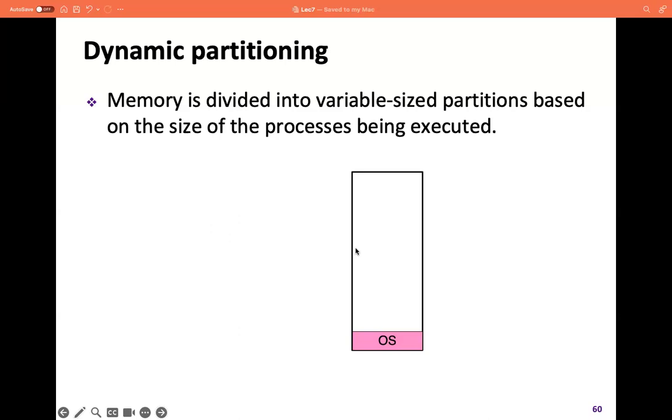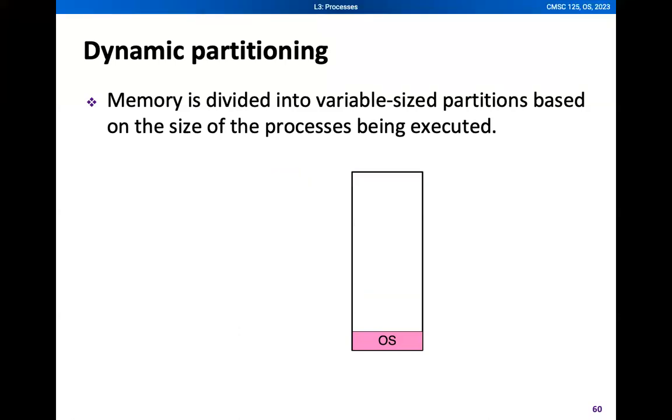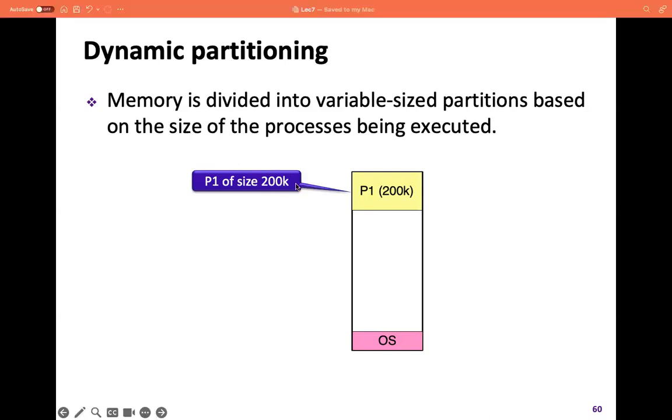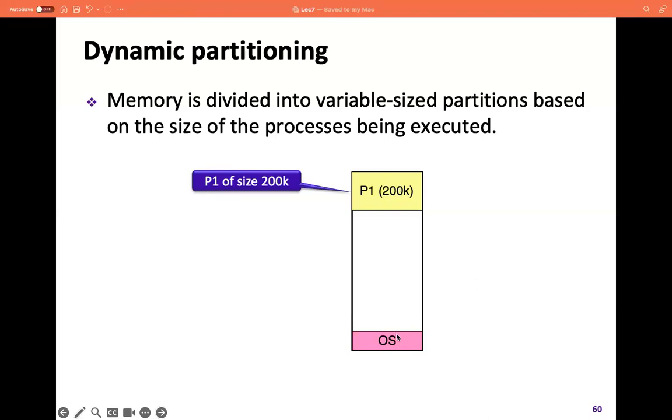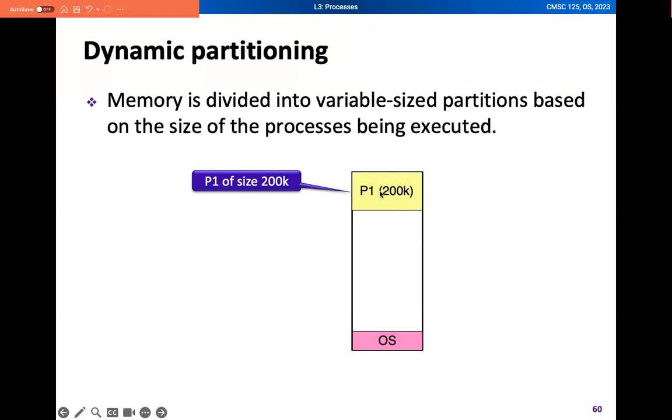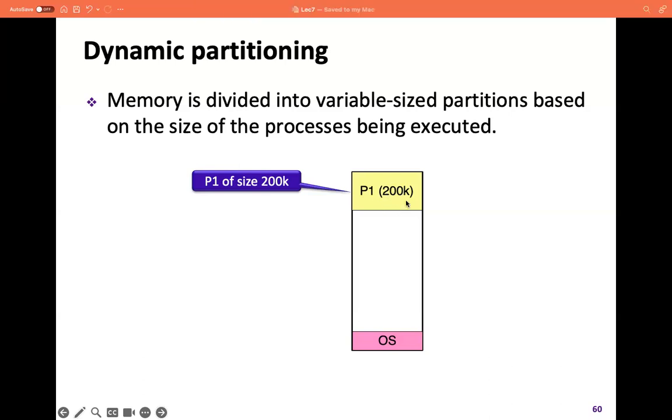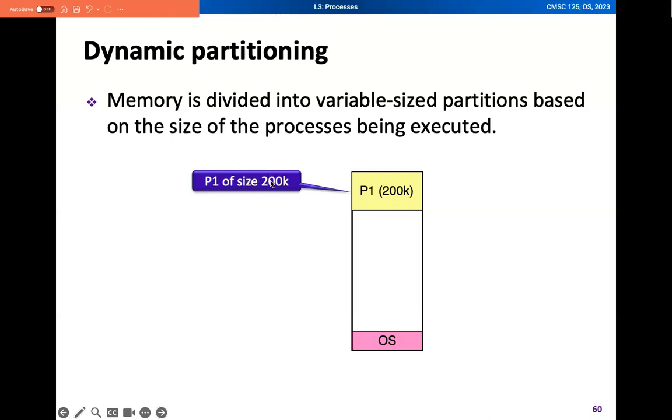execute. Okay, so assuming that we have P1 of size 200K, so that this will be the size of the partition. So as you can see, we have the main memory here, and we have allocated some space for the OS. Okay, and as you can see here, we have a P1 of size 200K. So we load the partition, which is equal to the size of this process.